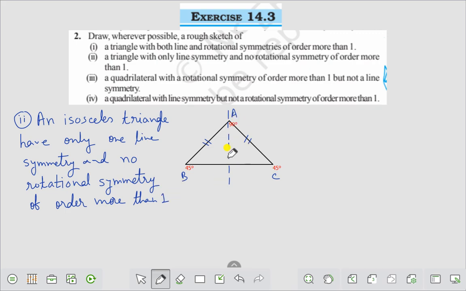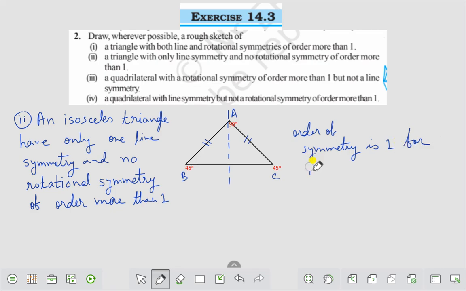That means if we rotate this one, when it comes again at 180 degree, then it comes in this position, and that order is only 1. Here in this case, order of symmetry is 1 only. Order of symmetry is 1 for an isosceles triangle.